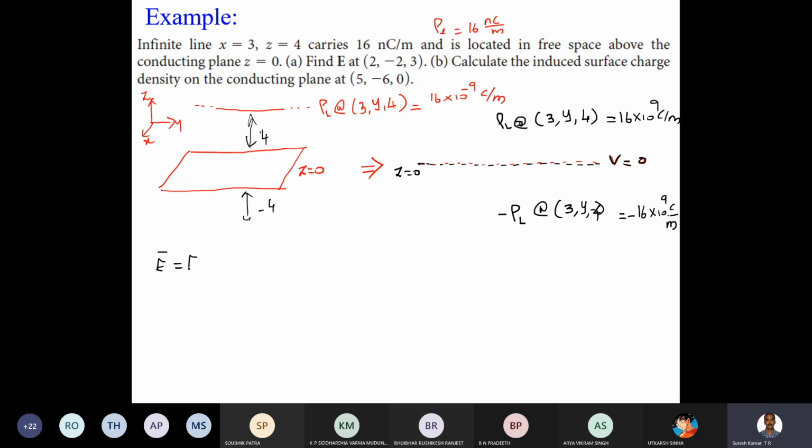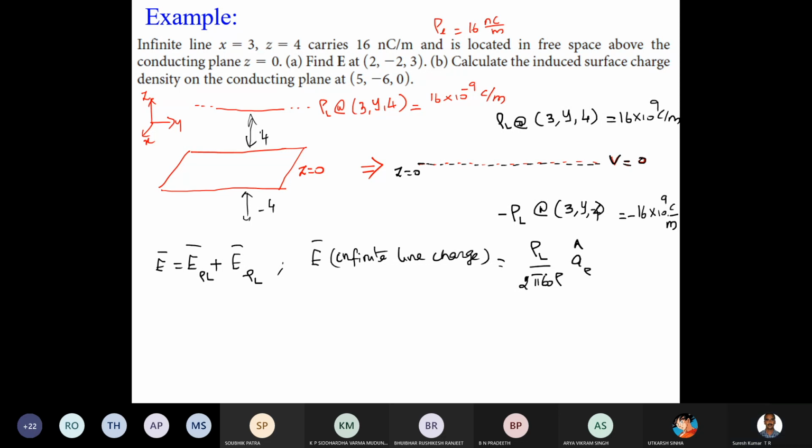Okay. Now let us calculate the electric field. So total electric field is electric field due to the rho L and electric field due to minus rho L, which is on the bottom. If you recall, electric field due to infinite line charge, this from the second module, is rho L over 2 pi epsilon naught into rho, and it will be in the radial direction.